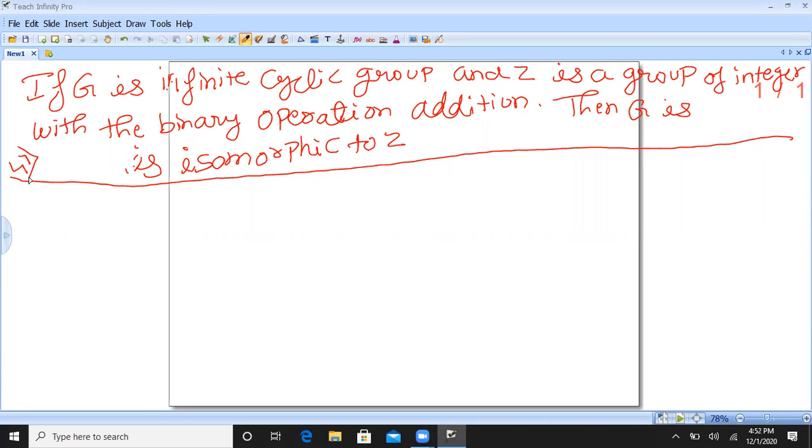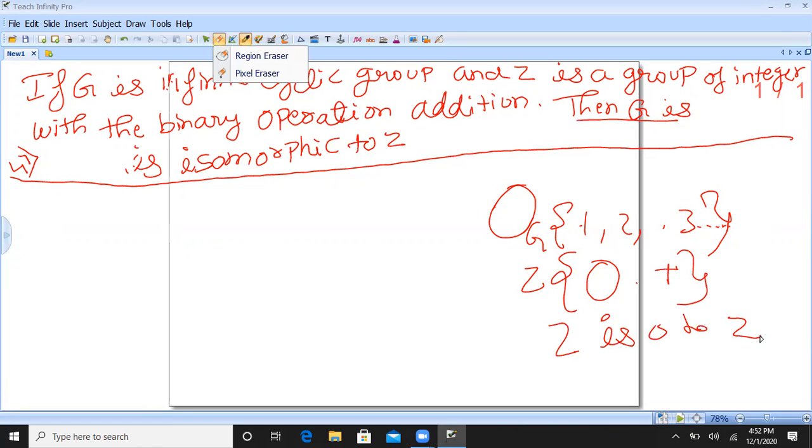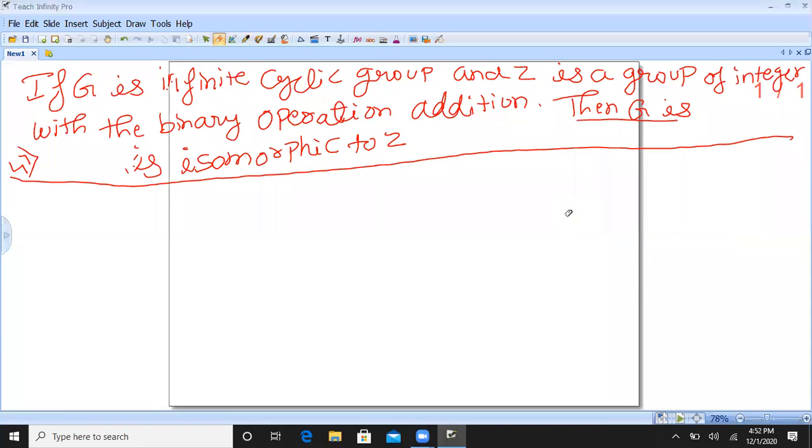G is an infinite group, we don't know any values, and Z is the group of integers with the binary operation addition. Then G is isomorphic to Z.